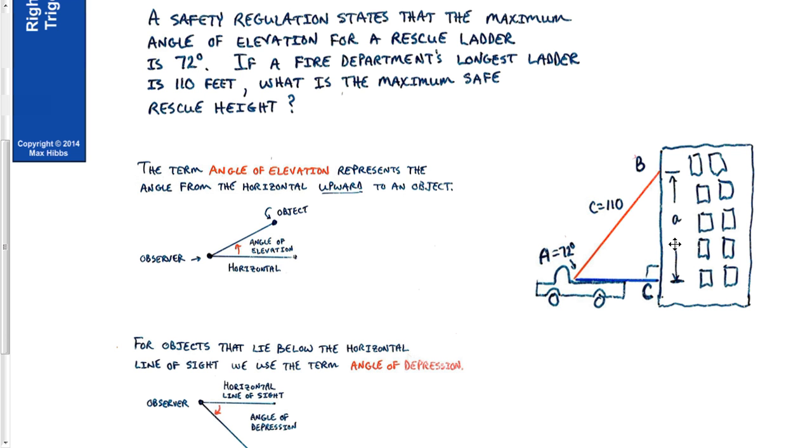This distance that I'm looking for I'm calling lowercase a because it's opposite of this angle A. So what I want is to find lowercase a, and so I need a relationship between this side, the hypotenuse, and this angle.